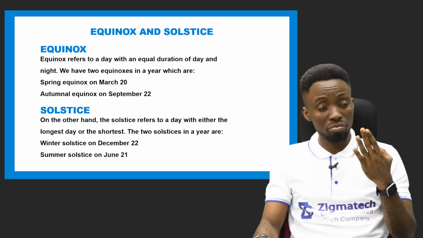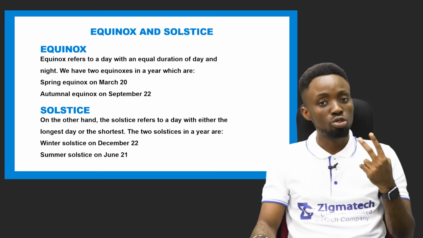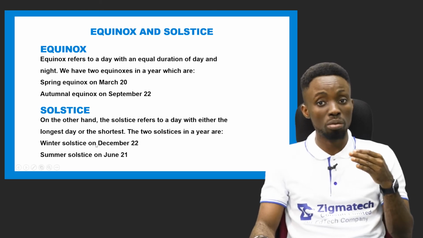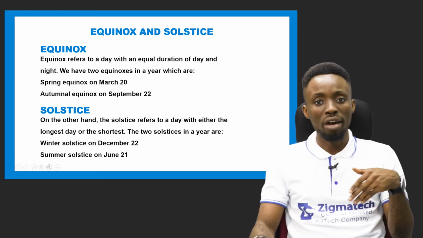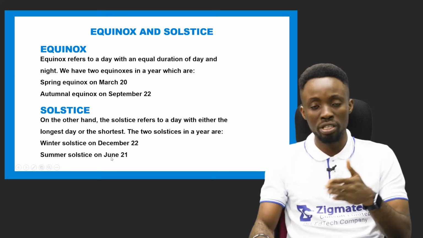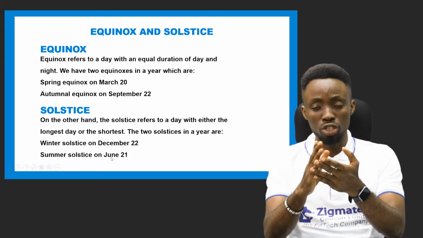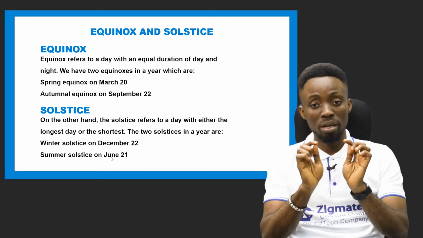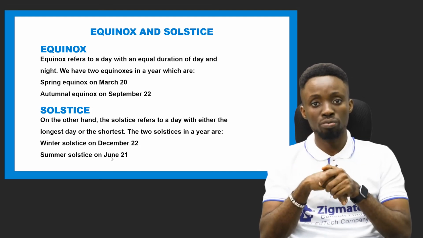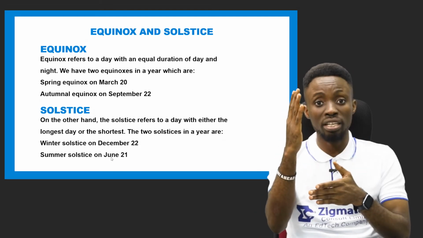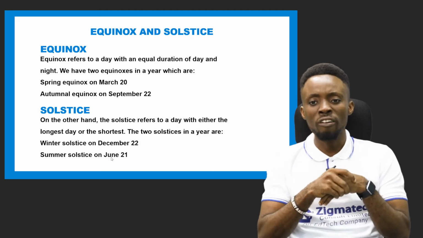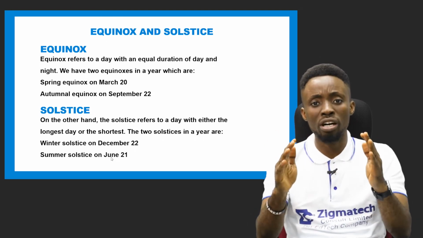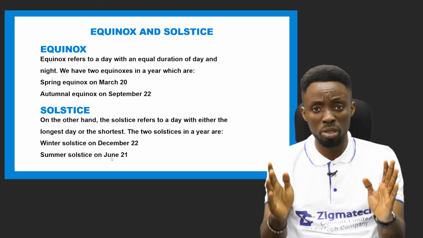And on the globe, we have two solstices. The first one is the winter solstice on December 22nd, and we have the summer solstice on June 21st. Now, I want to use the summer solstice as an example. On the 21st of June, at the Arctic Circle, that is 66.5 degrees northwards, we are going to have a longer day and shorter night in the northern hemisphere.